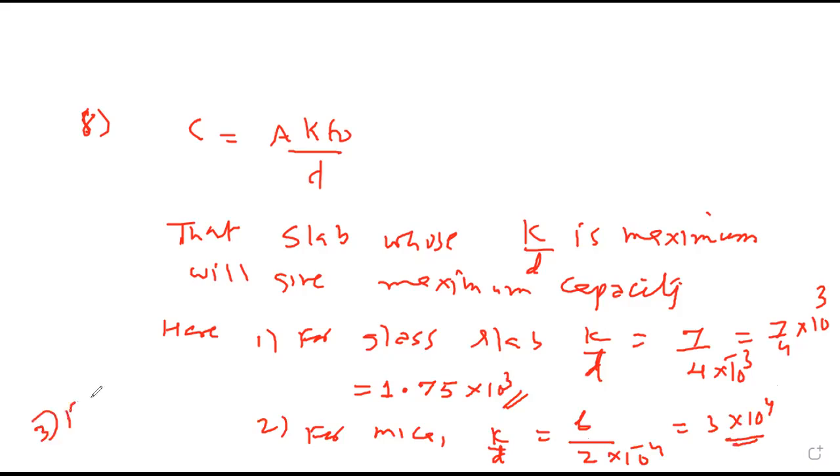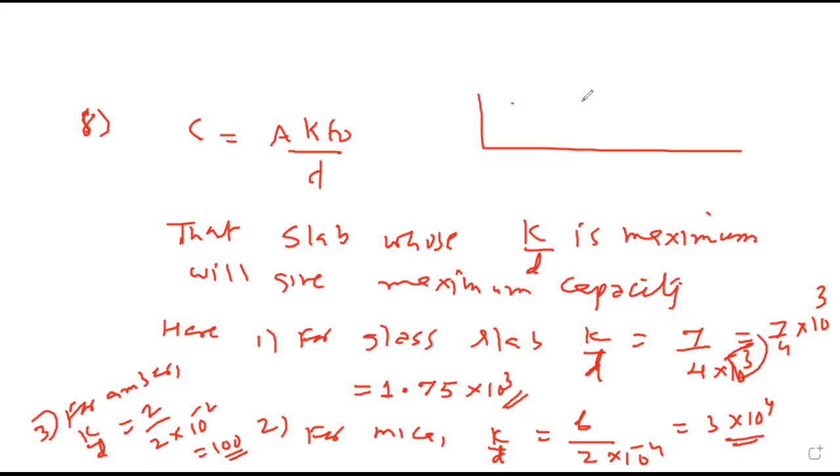And for amber, K by D equals 2 upon 2 into 10 raised to minus 2, which is 100, which is maximum. Therefore, mica will give maximum capacitance, right?